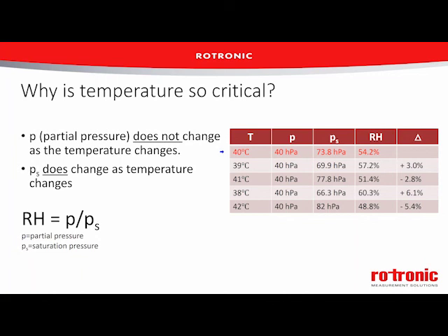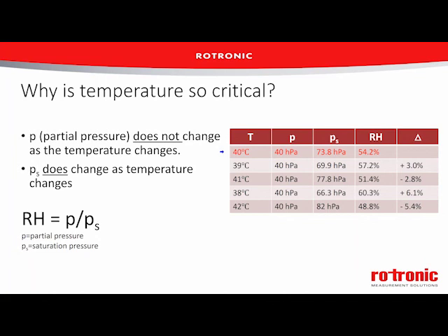So we start off at 40 C with 54% relative humidity, 54.2 to be exact. We've got a partial pressure of 40 hectopascals, and our saturation vapor pressure, if we look at the curves, is 73.8 hectopascals.